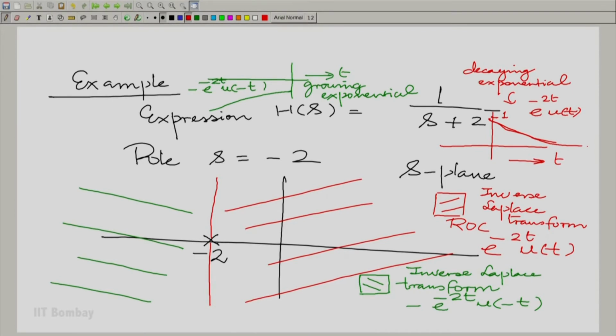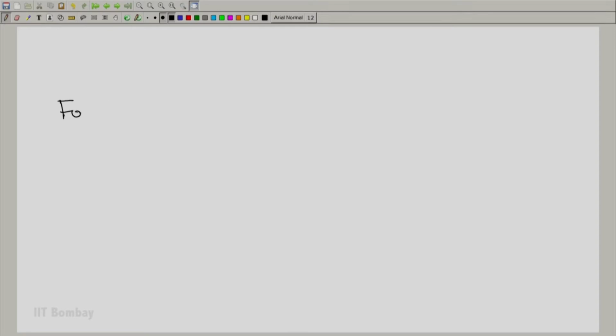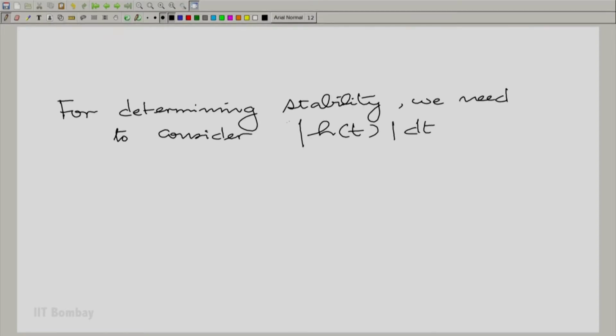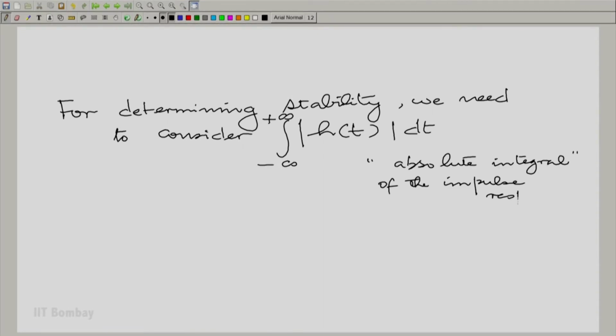So, now the question is, what is going to determine stability or otherwise? You must look at the absolute integral. So, for determining stability, we need to consider what is called the absolute integral of the impulse response.